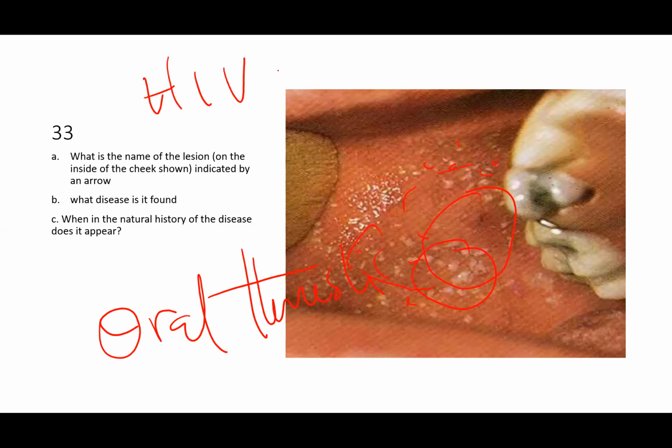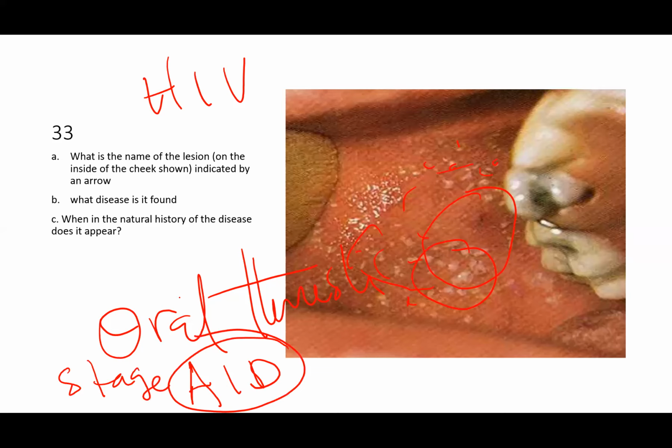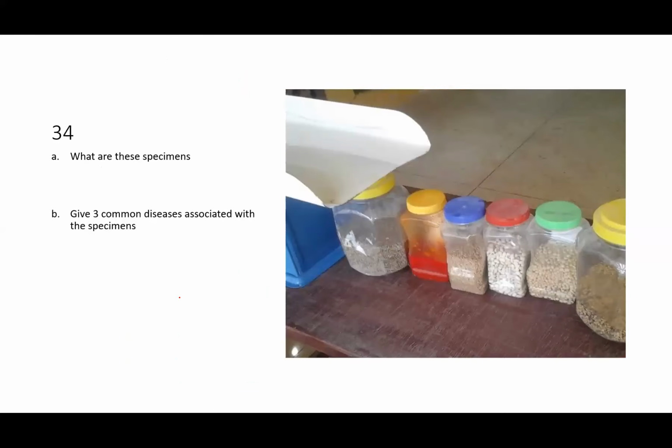When in the natural history of the disease does it appear? When the patient has AIDS, that is stage 3, they start having oral thrush.